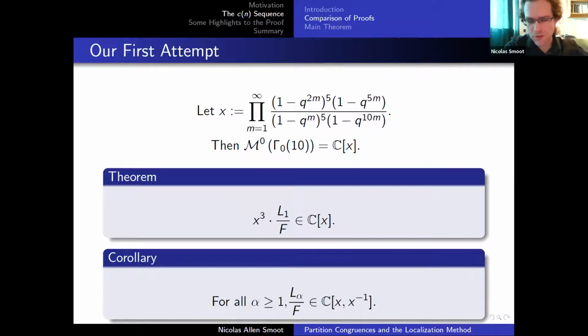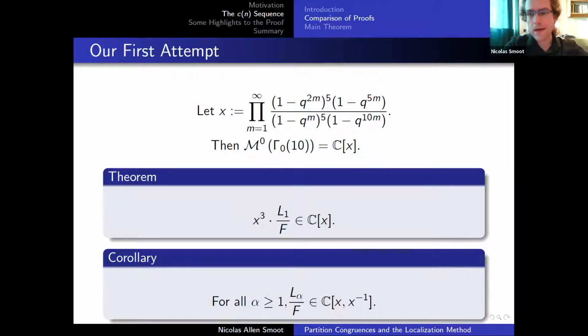You can show without too much difficulty, writing all this in terms of Eisenstein series, that L1 over F is holomorphic over H, but it will have poles at certain spots in the rational numbers at infinity, at the cusps.